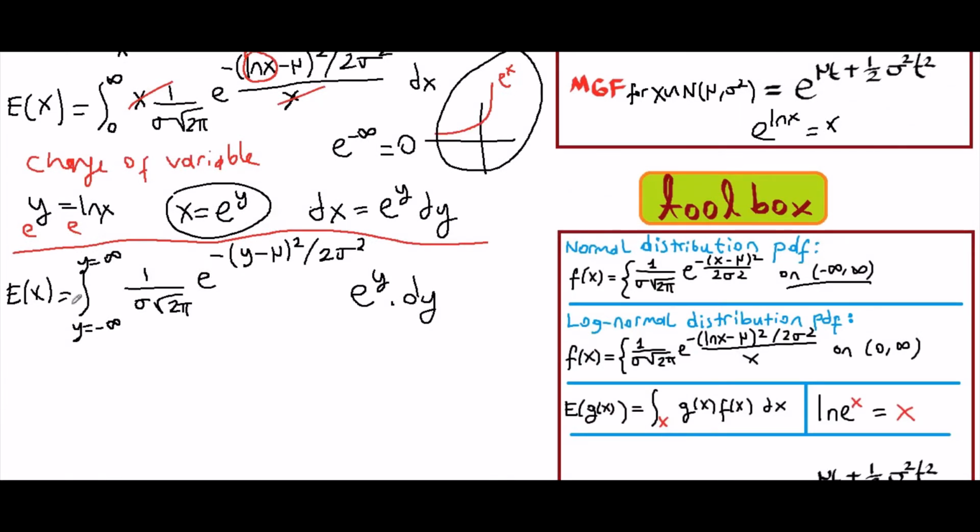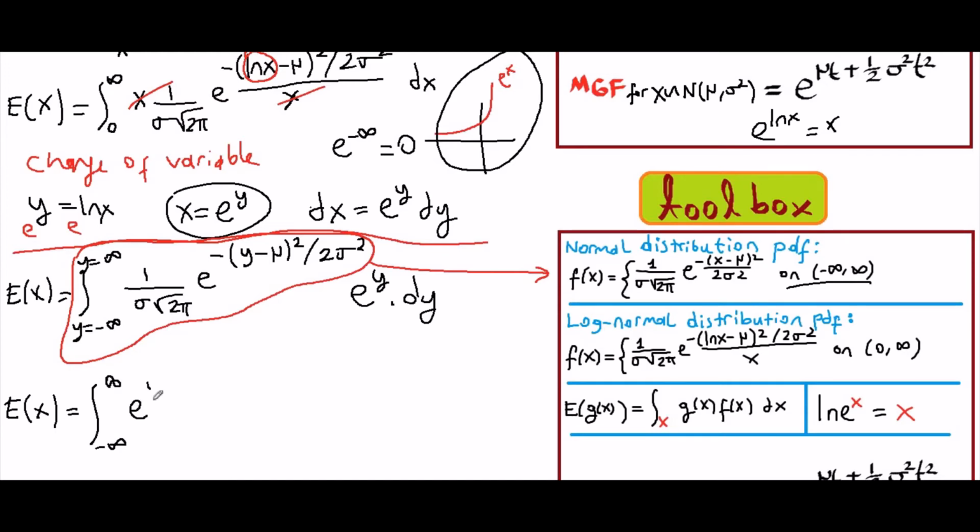Our integrand is exactly the PDF of the normal distribution with the parameters mu comma sigma squared. So we can rewrite our integral as e to the y, and instead of this integrand we can write f of x, where x is normally distributed with the parameters mu comma sigma squared.